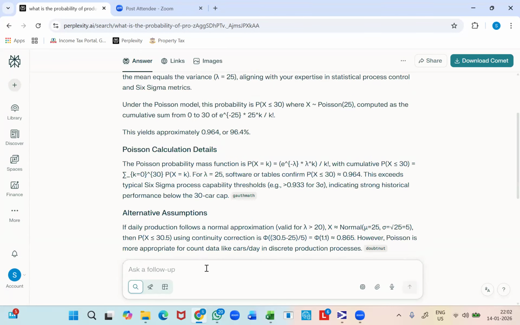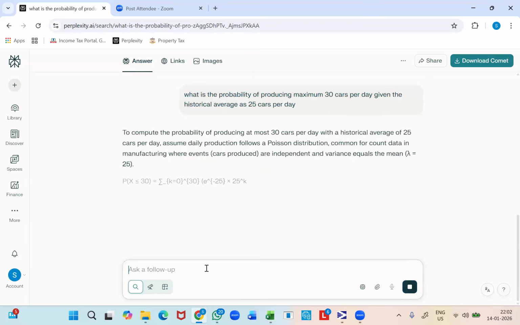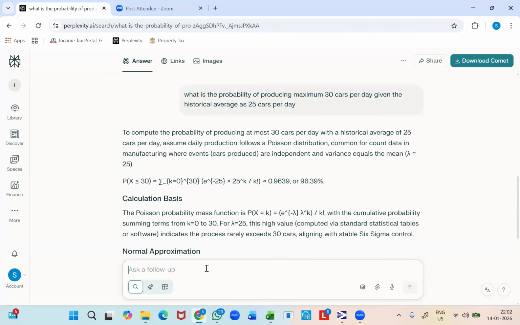Okay, let me try out this. See, here again, I get the incorrect answer. If you remove "per day", I think it will get the right answer. 30 cars, just 30 cars. Don't give per day.